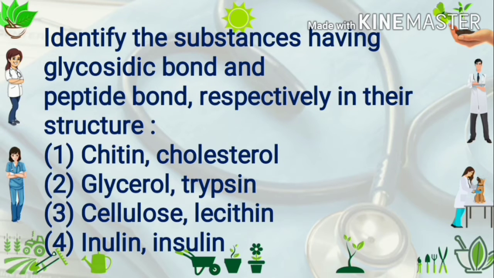We know that glycosidic bonds are seen in polysaccharides and peptide bonds are seen in polypeptides. Here we can see inulin is a polysaccharide and insulin is a polypeptide.